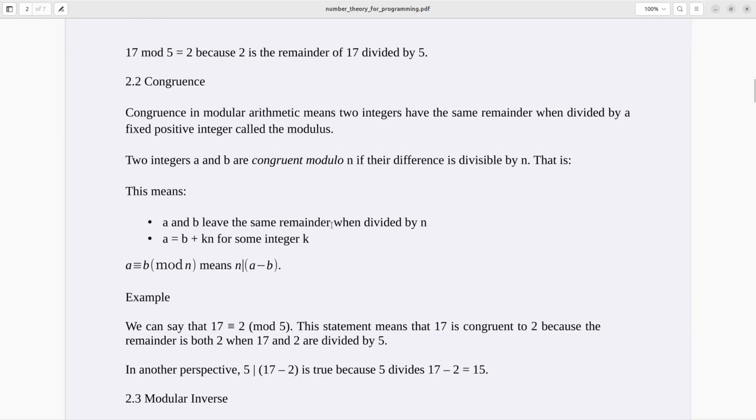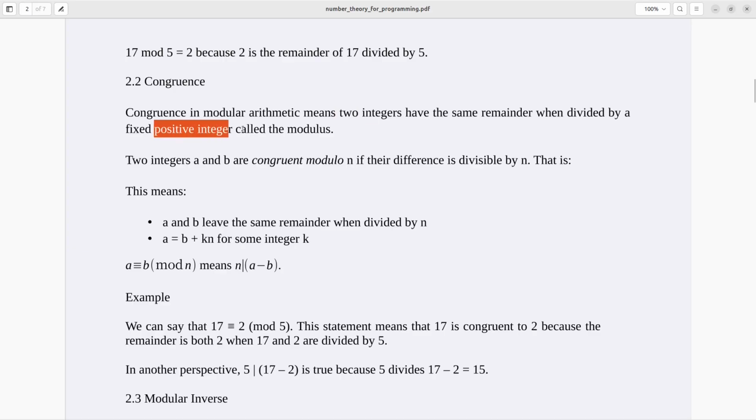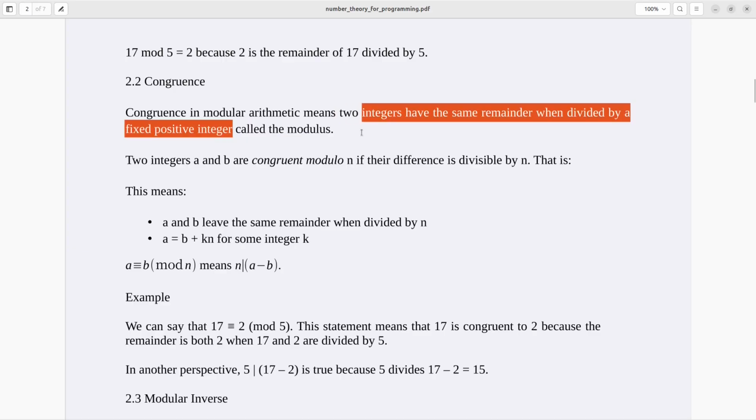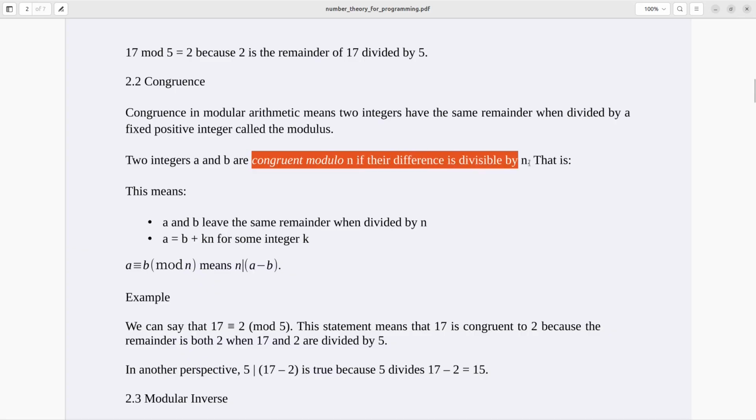And the other topic to discuss is congruence. What is congruence in modular arithmetic? It just means that two integers have the same remainder when they are divided by a fixed positive integer, called the modulus. And we say that two integers a and b are congruent modulo n if their difference is divisible by n.